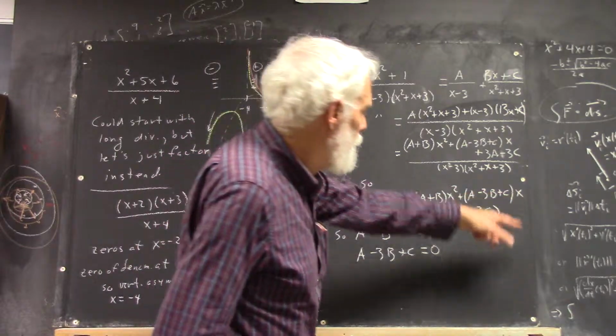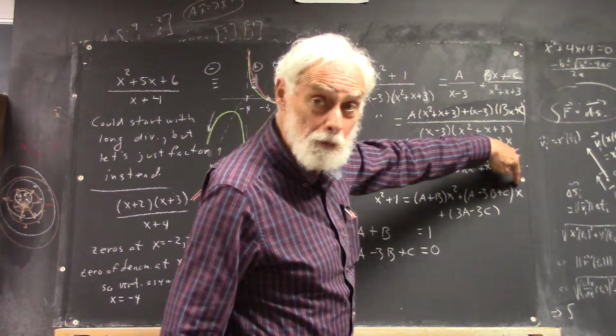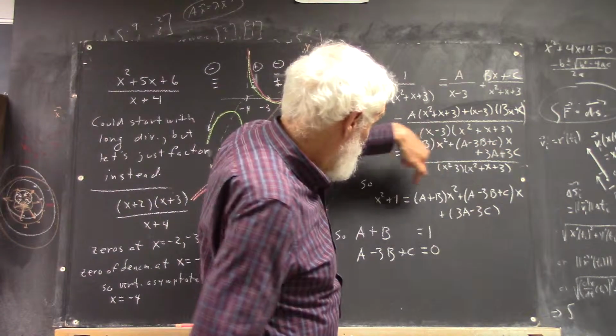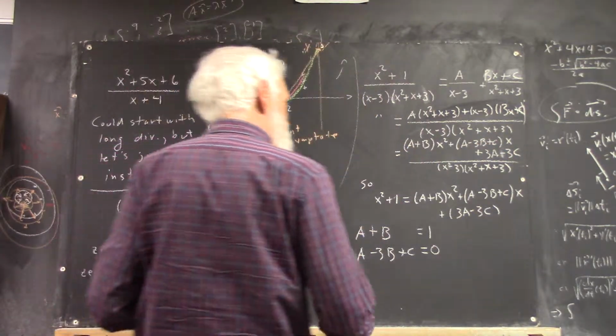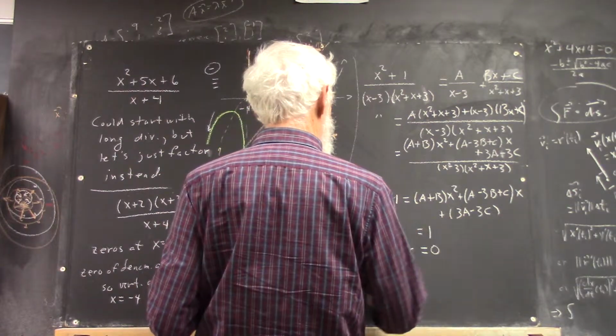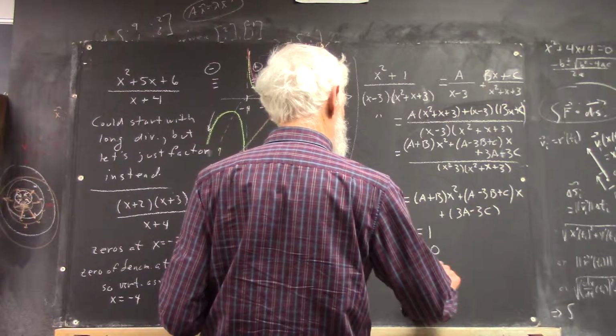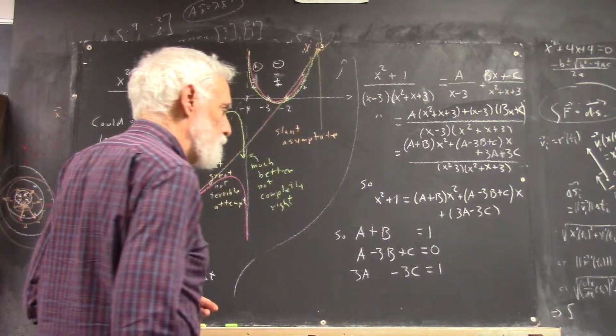The only way this is going to equal this is if this is 0, so we don't have to write the x term, right? There's no x term over here. Well, then whatever's left has to equal 1, and that's just the 3a minus 3c equals 1.